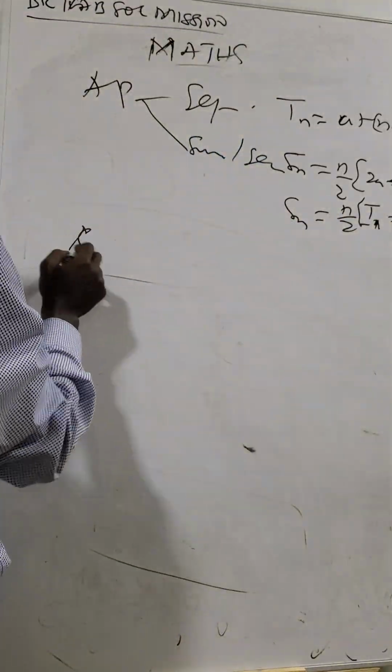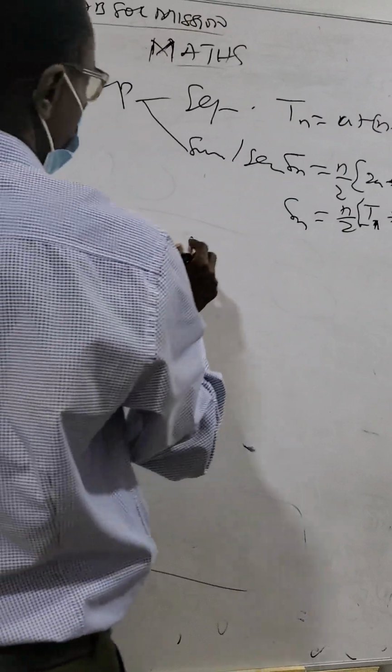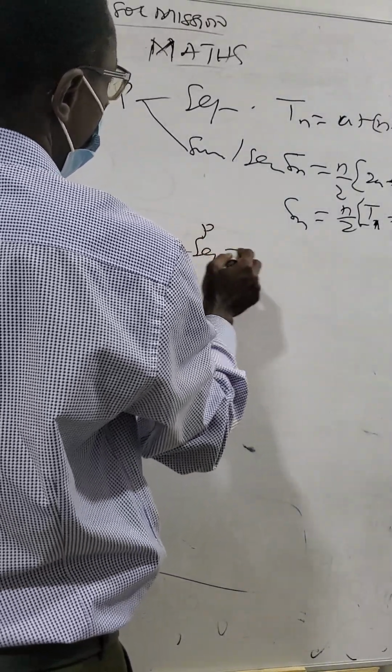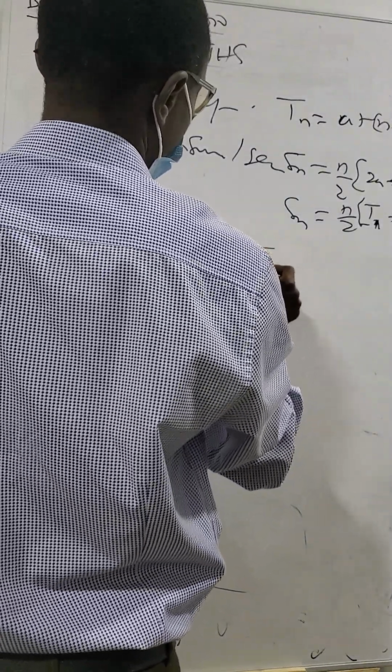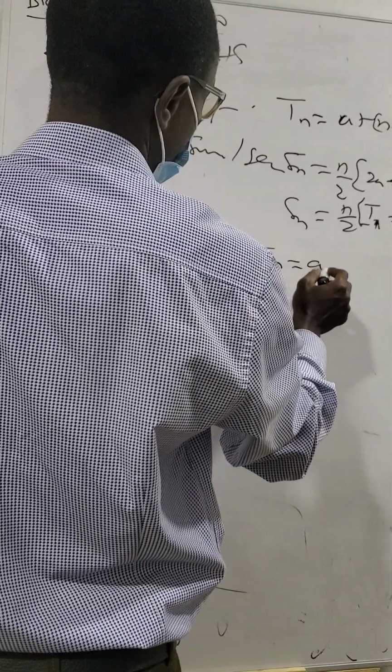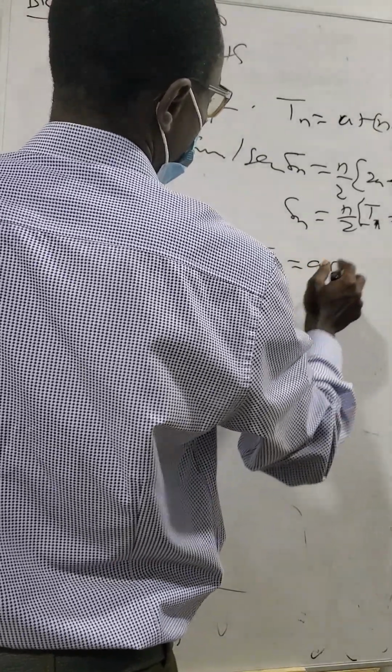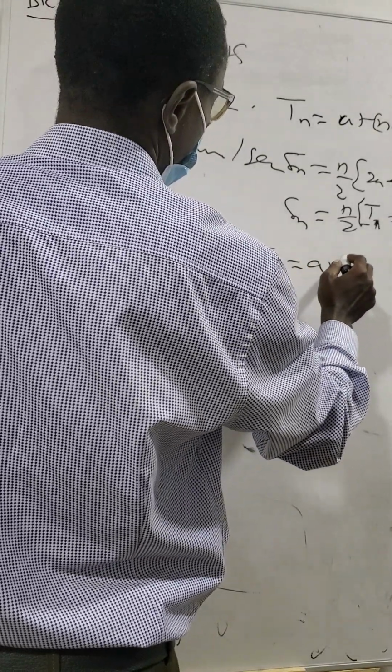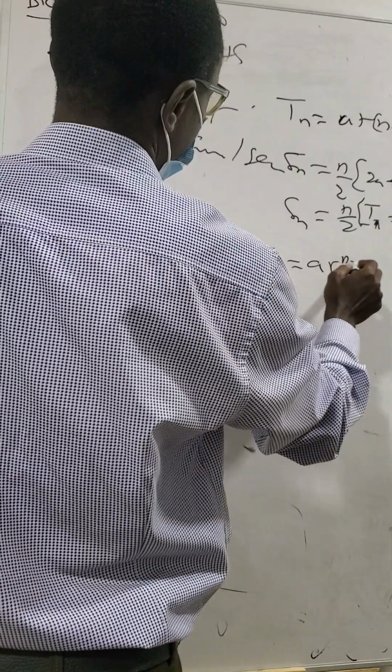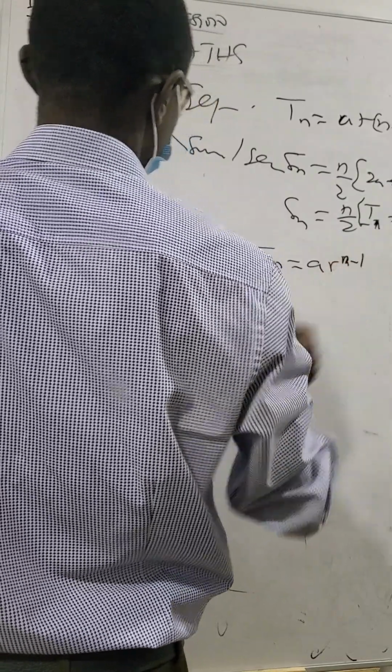Then we came to our GP and said the sequence or the progression is given by Tn equals the first number a, times the ratio, the factor that we are multiplying by, r, to the power of n minus 1.